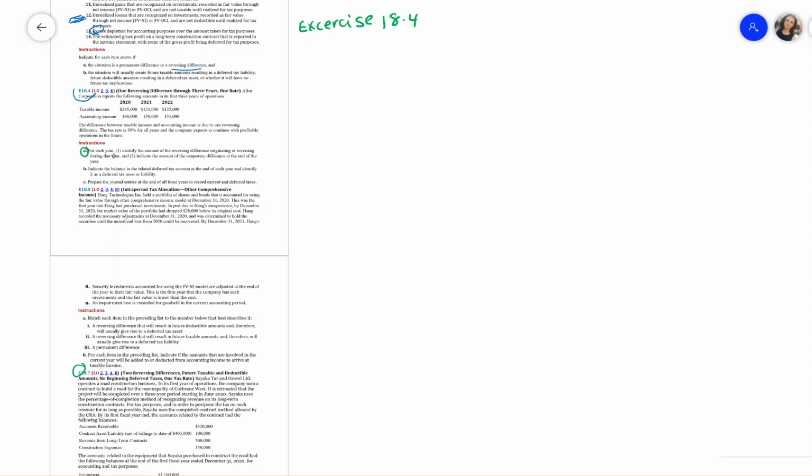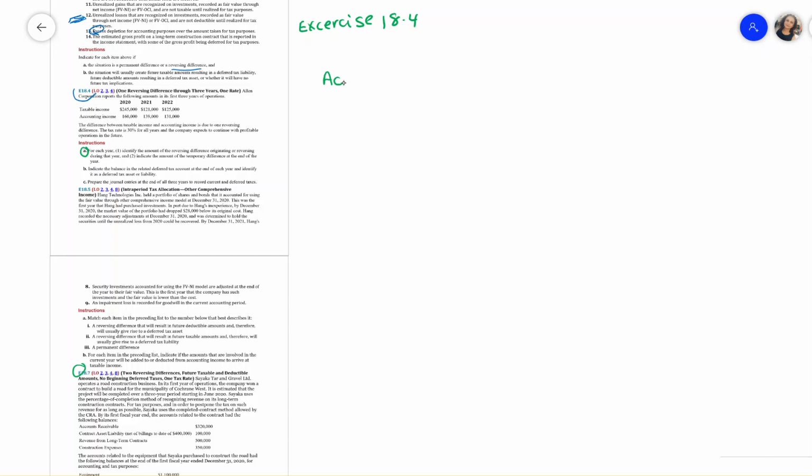It's saying for each year, one, identify the amount of reversing difference originating or reversing during the year, and second, indicate the amount of temporary difference at the end of the year. So there is an amount that is the difference between the accounting income and taxable income, and we want to know where it originated.